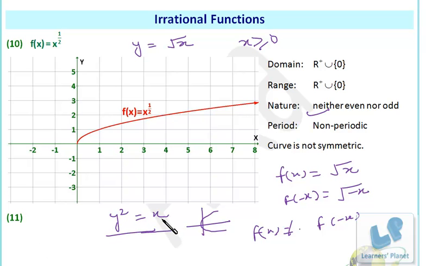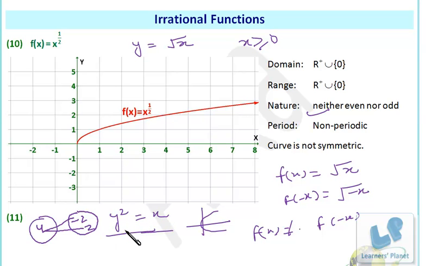Because what is happening over here? x is the independent variable and y is the dependent variable. So suppose here we have 4, here minus 2 and here 2. So two elements are having the same image, so this is not in the scope of a function.